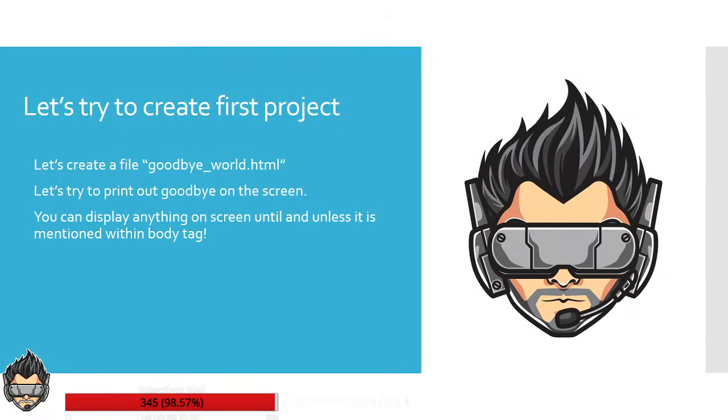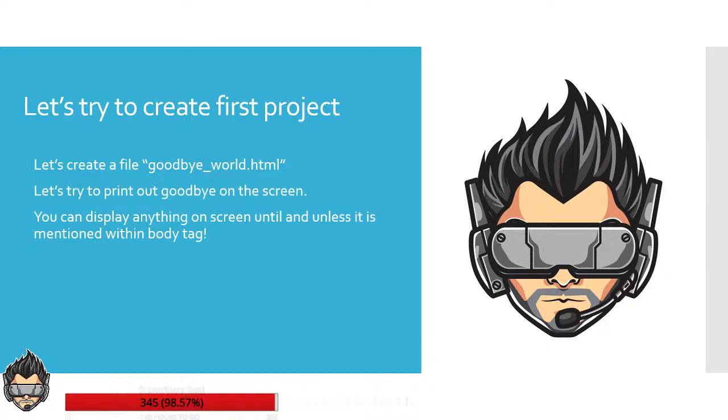Now let's try to create our first project. Everyone says let's start with a welcome world or hello world program. I feel like goodbye world is my way, so that I'm saying goodbye to the old world and entering the development part from today on.